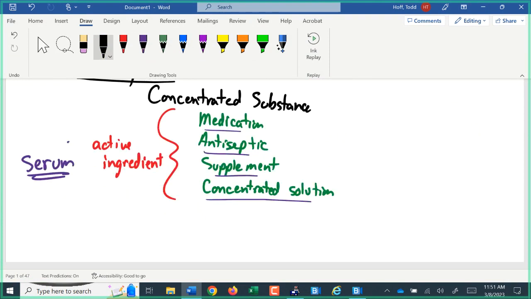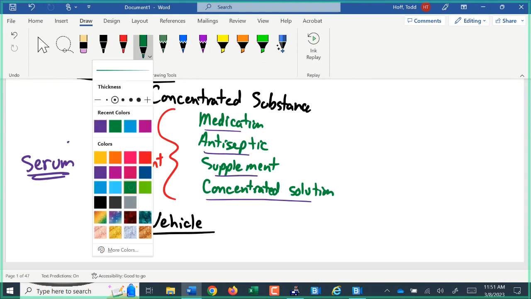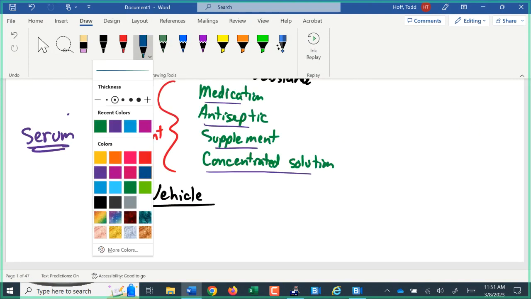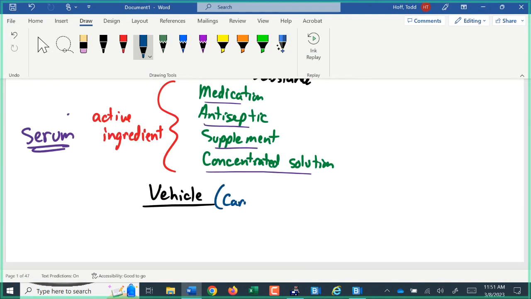Then the next thing we have, the second part, is a vehicle. And a vehicle is typically some sort of sterile water. What the vehicle does is it carries the serum into the patient.